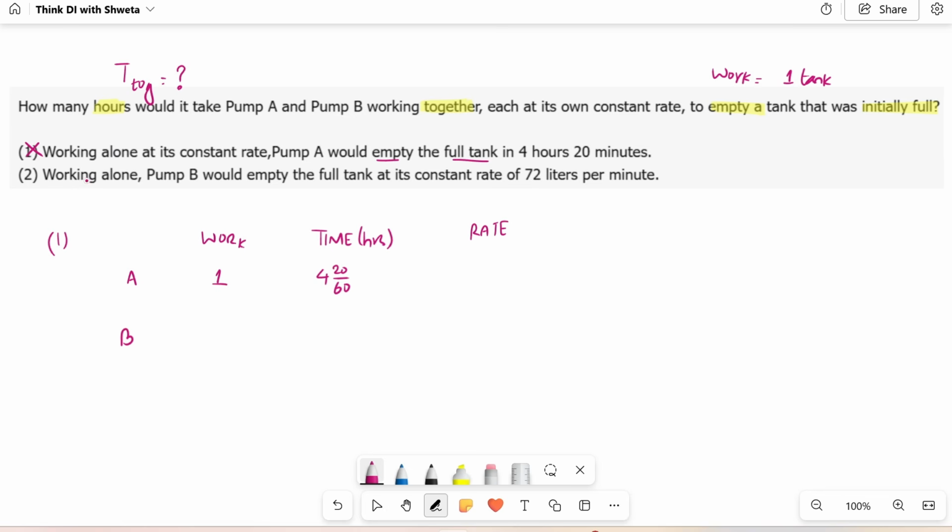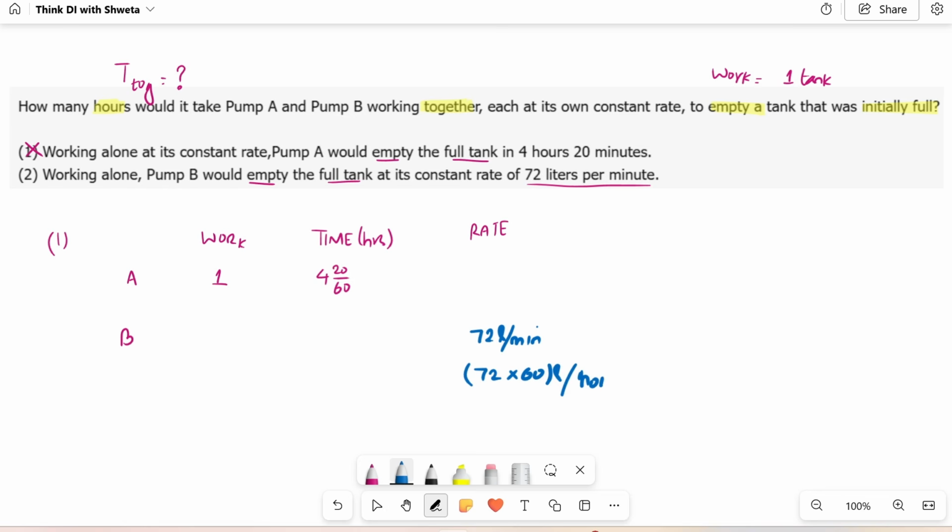Statement 2 alone. Working alone, pump B would empty the full tank at its constant rate of 72 liters per minute. So if you look at statement 2 alone, let me put that in blue, then it says pump B is going to empty the full tank at its rate of 72 liters per minute. Well, I'm going in hours, so I can find this rate in hours as well.